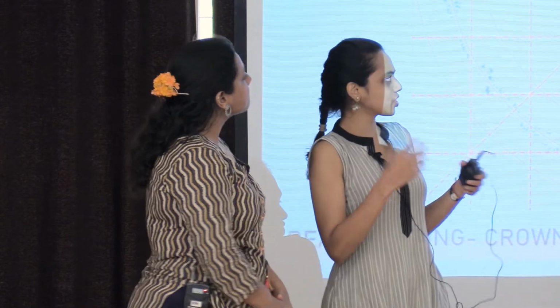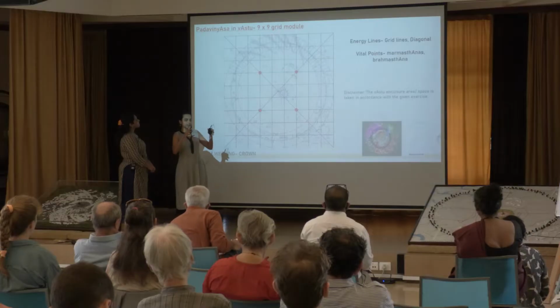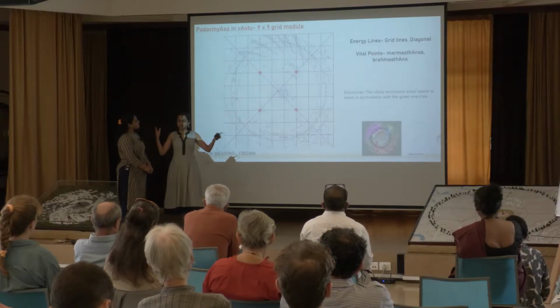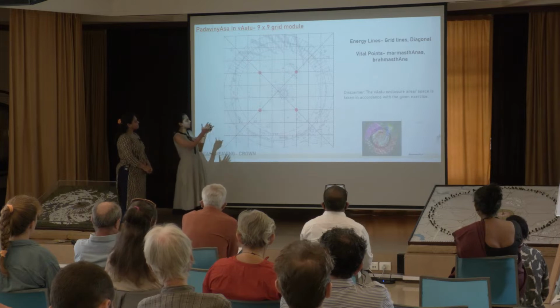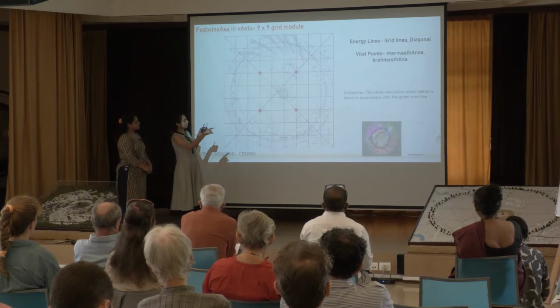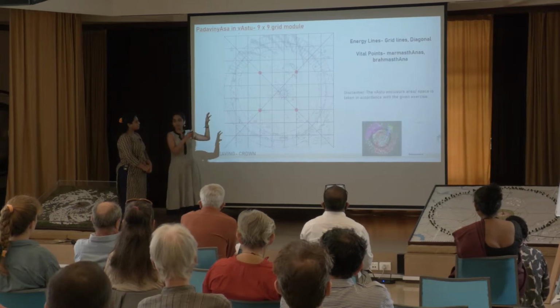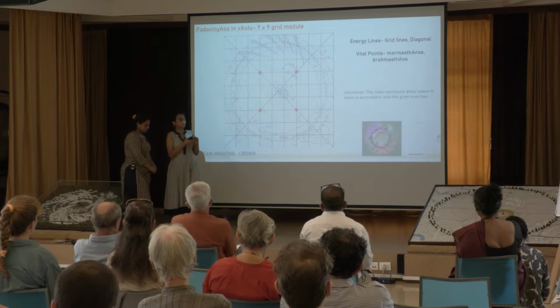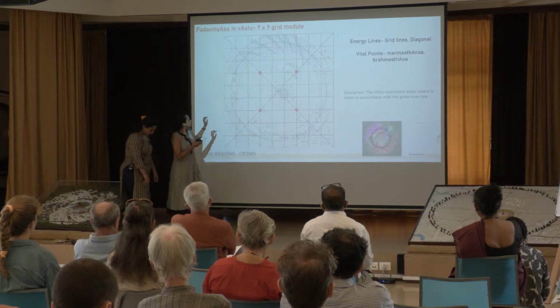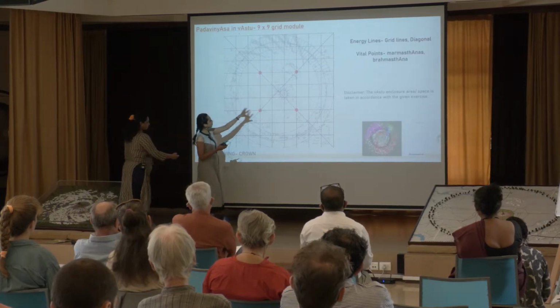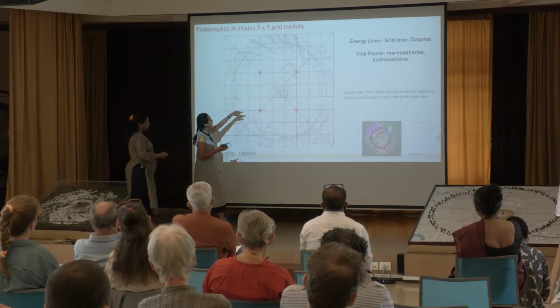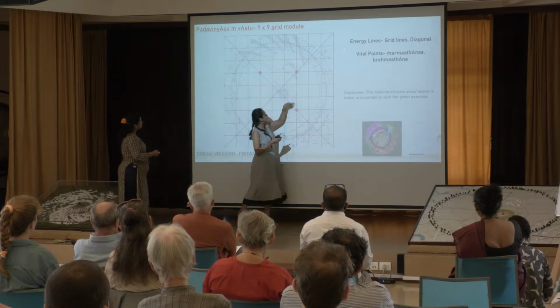Just to add to that, if we look at the larger context, we cannot directly apply this grid to it, because the grid has to be redone, even if there will be a relation of macro and micro. The first grid that you saw, divided into 9 squares, has intersections that become the Marmasthanas.